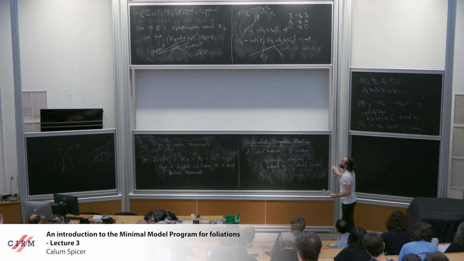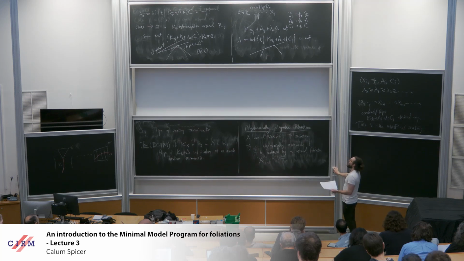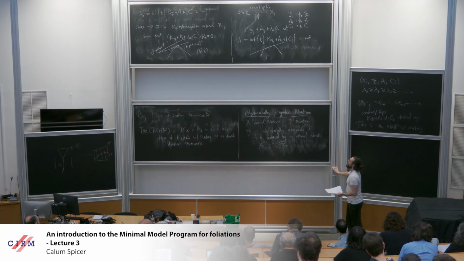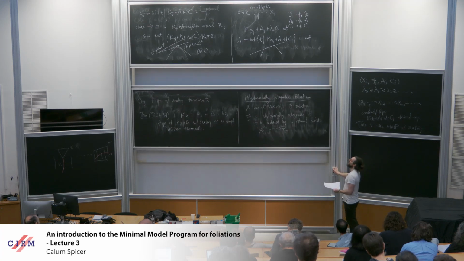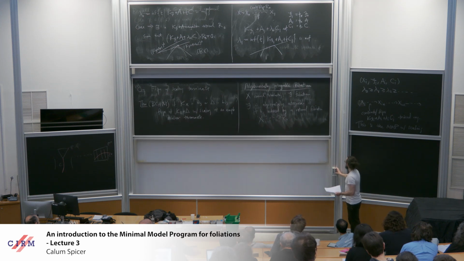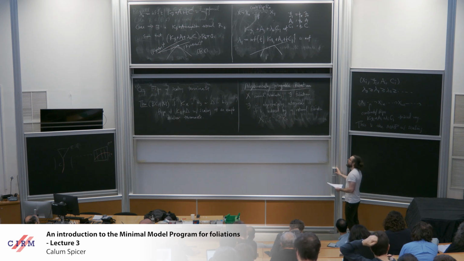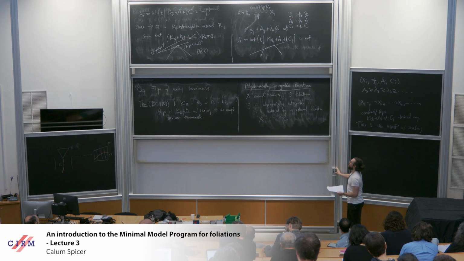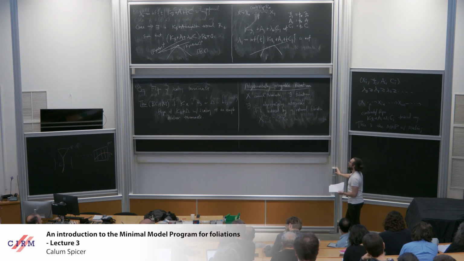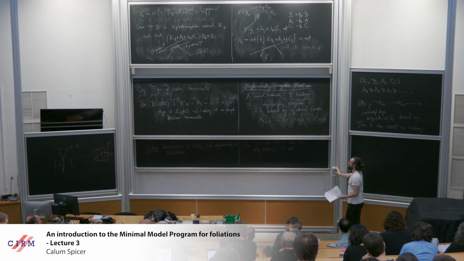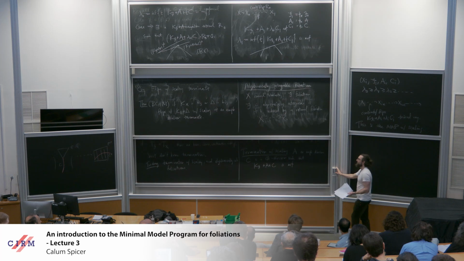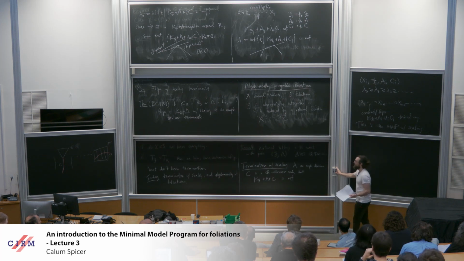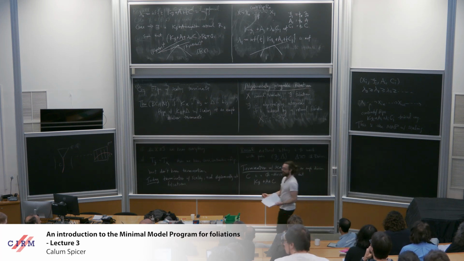One easy case of an algebraically integrable foliation is the case of just a fibration. Of course, if you think about, let's say, a pencil of curves on P^2, a pencil of curves on P^2 also gives an algebraically integrable foliation.